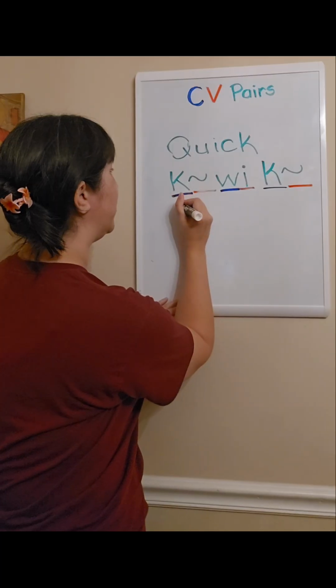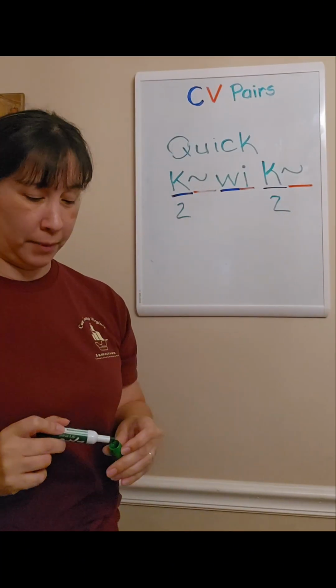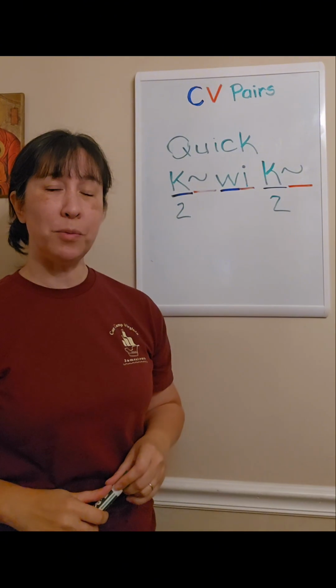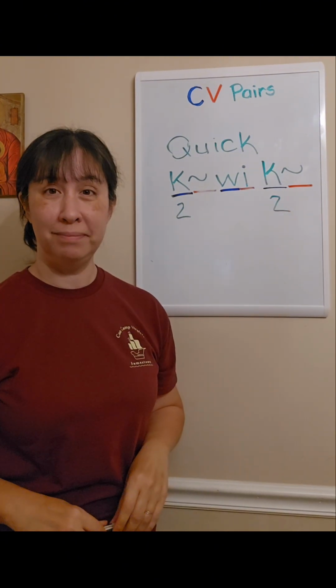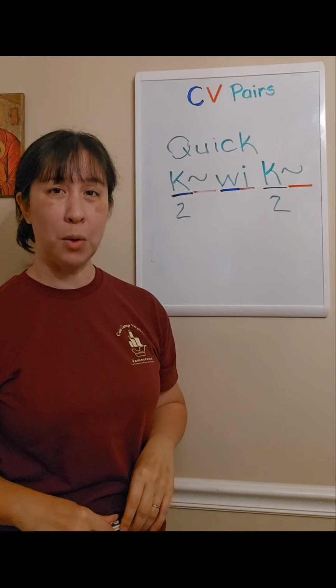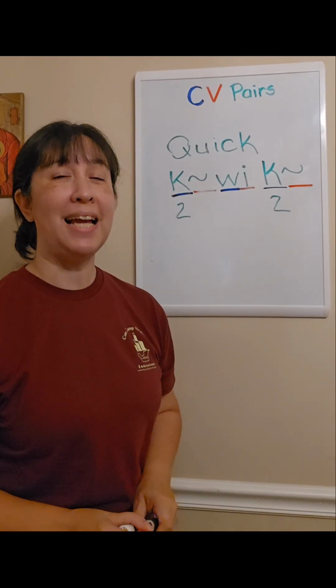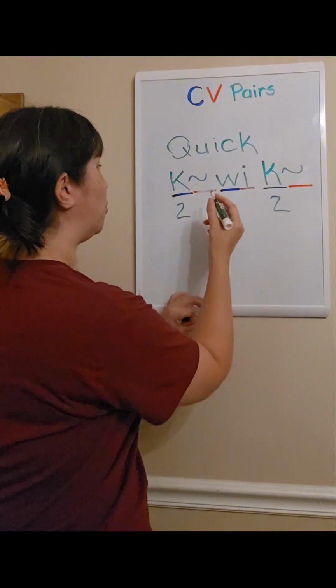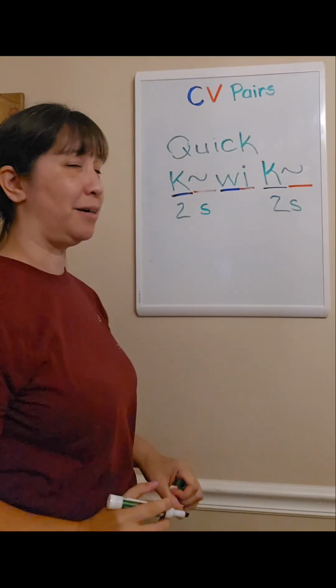We're going to write a 2 there. And we're also going to write a 2 there because it's the same thing. And what placement do we use when there is no vowel, a consonant alone? A side position. So we are going to put an S for side, both here and here.